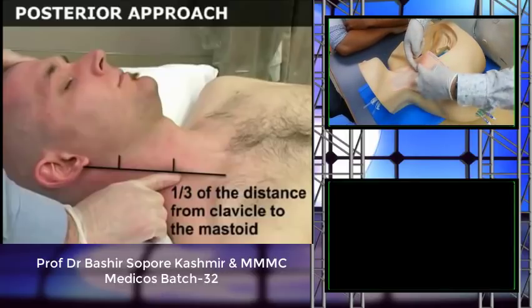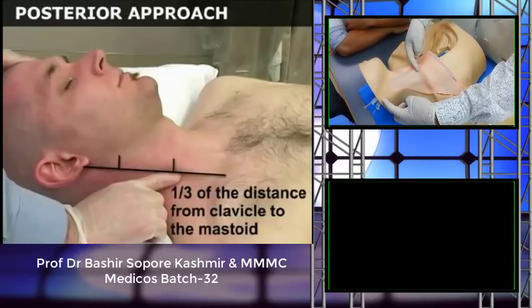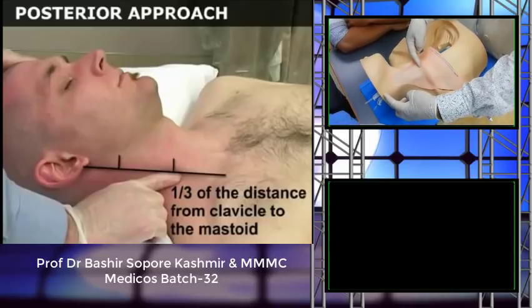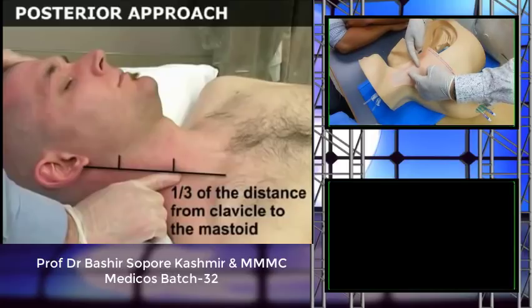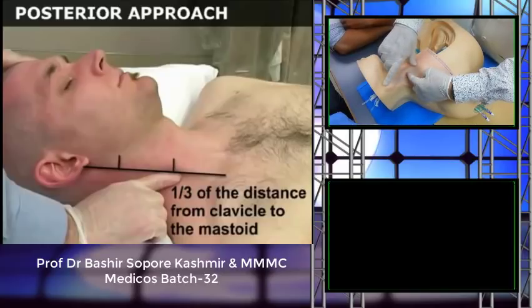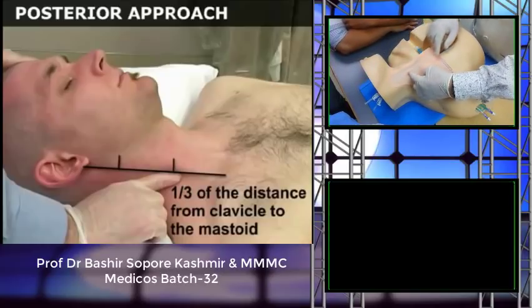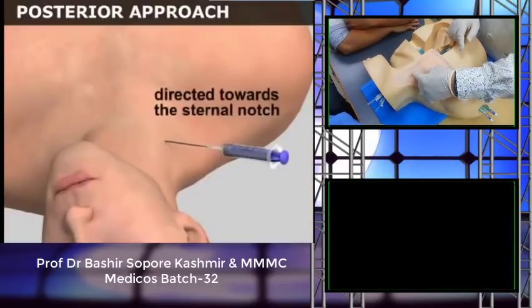You divide this into 3 parts and insert the needle at the first 1/3 of the claviculo-mastoid area. From clavicle to mastoid, the first 1/3 is here. So at this area you insert the needle.